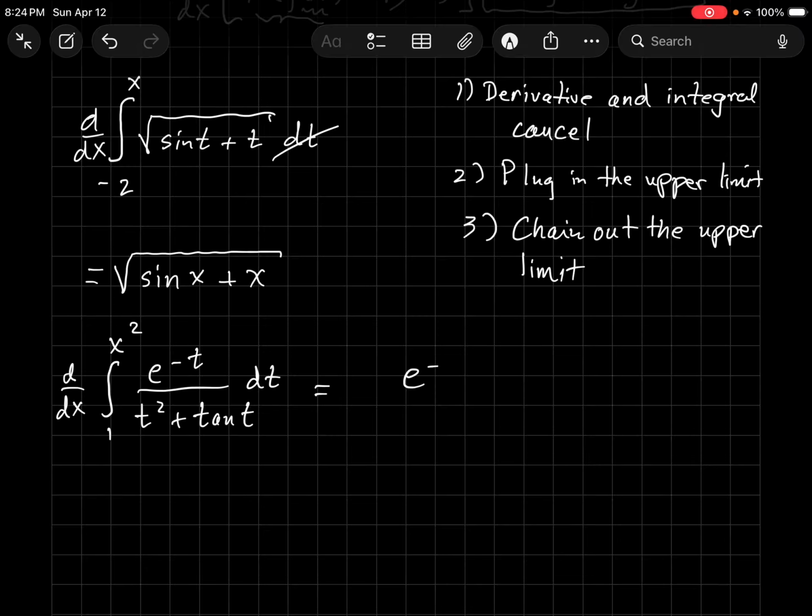We plug in the upper limit for every t, not the dt, of course. And then we chain out, we multiply by the derivative of the upper limit. Like that. And that's our answer.